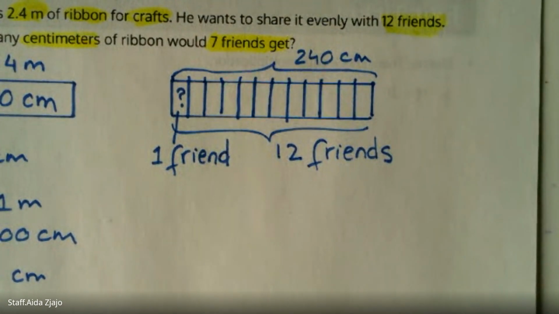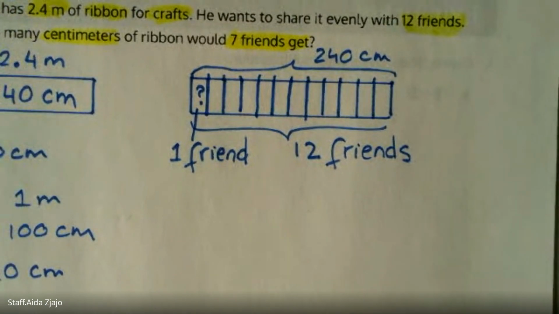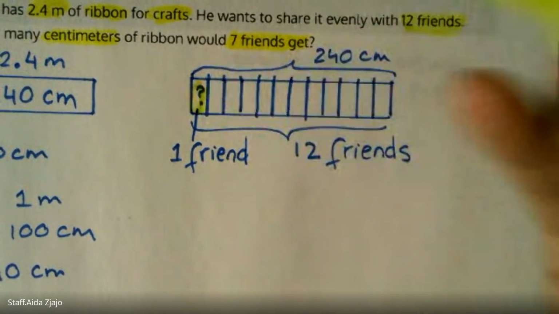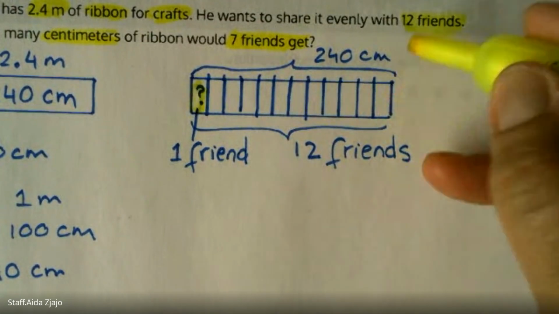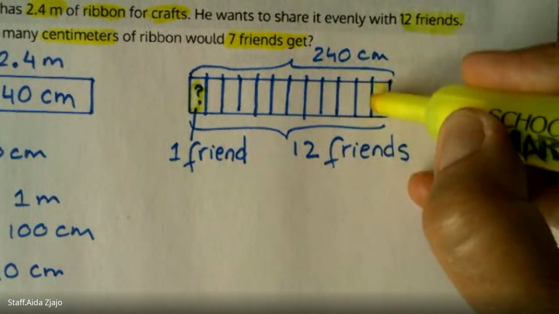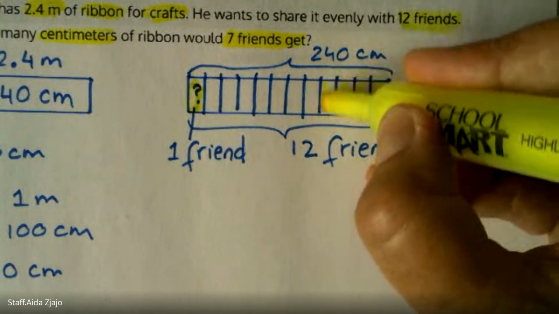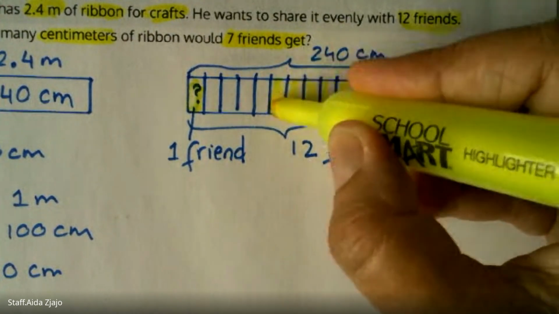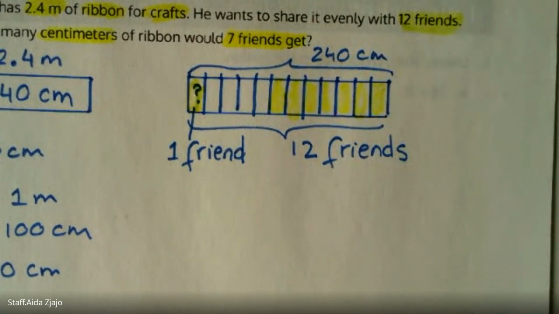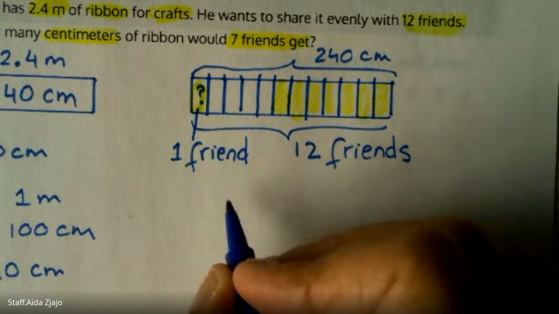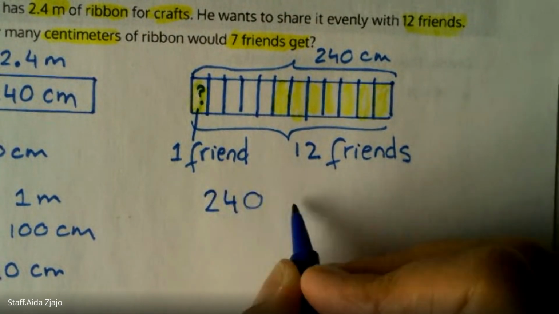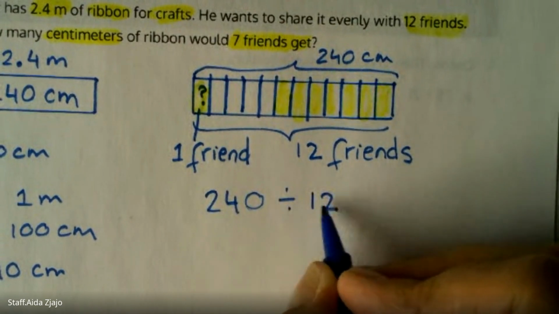But the question also asks how many 7 friends will get, like 1, 2, 3, 4, 5, 6, 7 friends. How much will just 7 friends get? So first thing is 240 divided by 12.